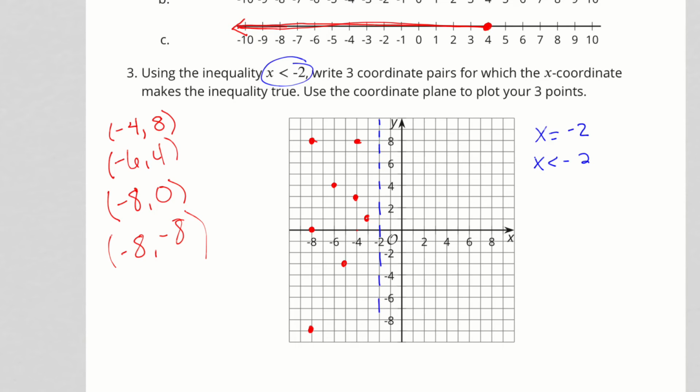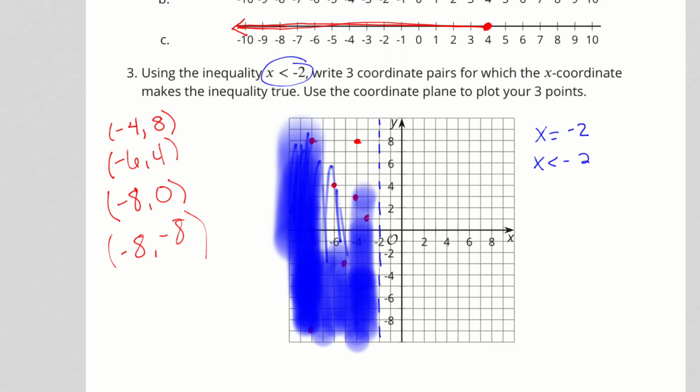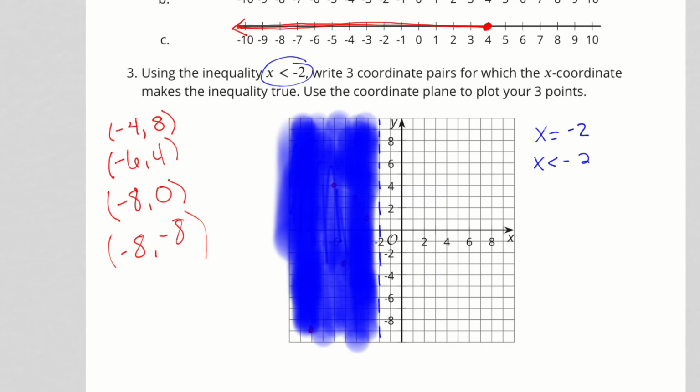And all of your solutions are going to be everything on this side of the line. Okay, so you're going to have a dashed line. Your solutions are everything on the left side of that dashed line. So that's kind of what we're going to be doing for this right now. Okay, and when you're ready, let's go to the next page.